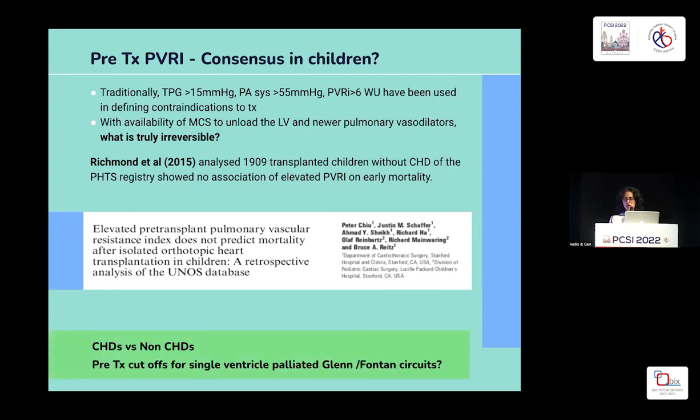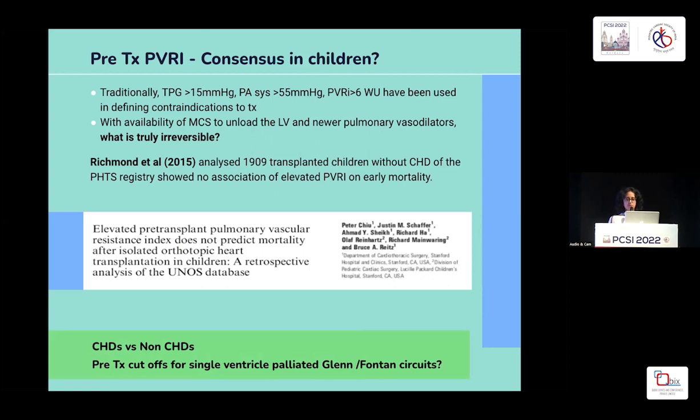We still do not know whether these cutoffs hold true for those with CHDs. Definitely, there have to be different cutoffs for patients who are palliated post single ventricles, and this requires further evaluation and further studies.